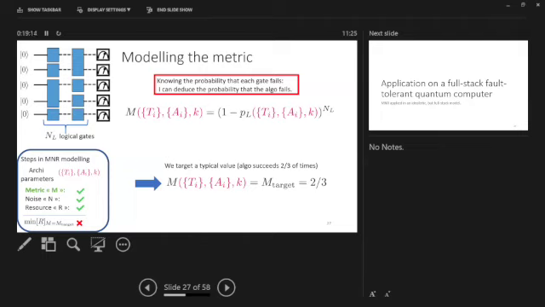Yes, I agree with you. That's indeed how it's defined here. We ask that no quantum gate fails along the computation with a given probability. Now it could be that even if no quantum gate fails, because of the specificity of the algorithm we use, it still does not give the answer. Yes, okay, thanks. So that's the constraint we put.